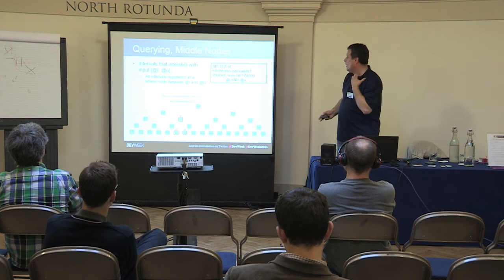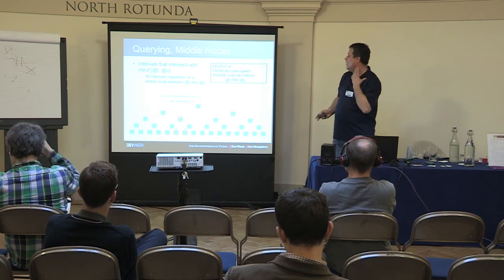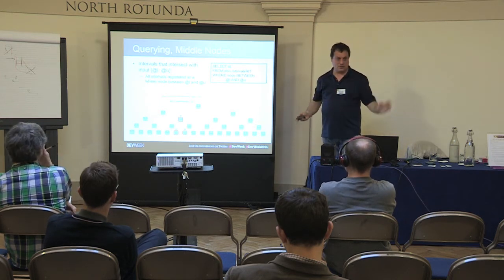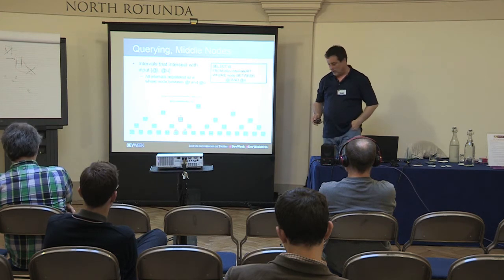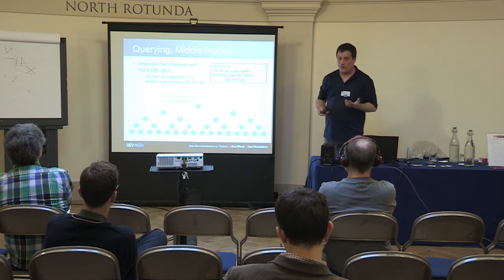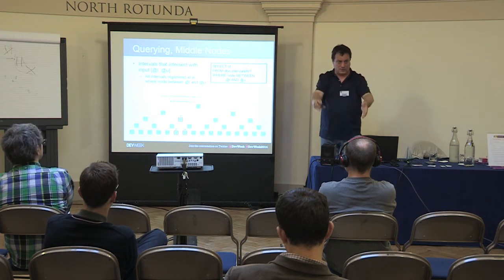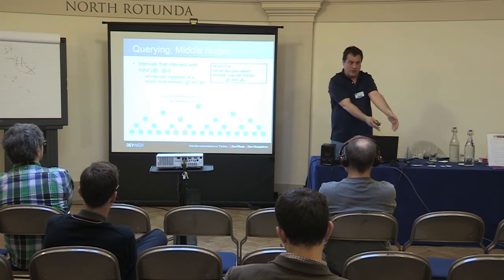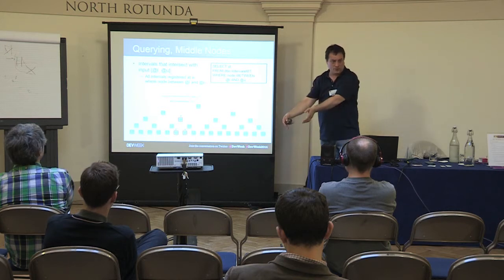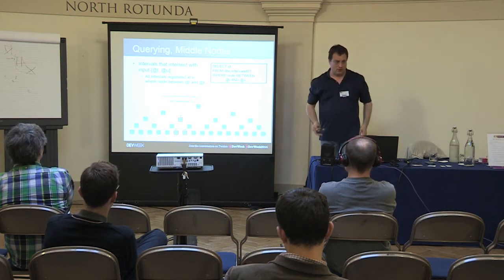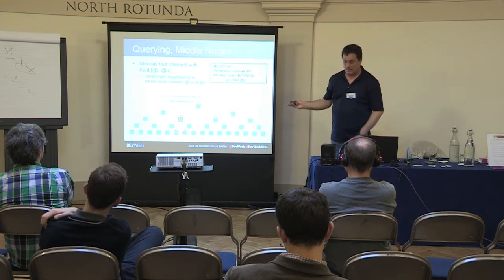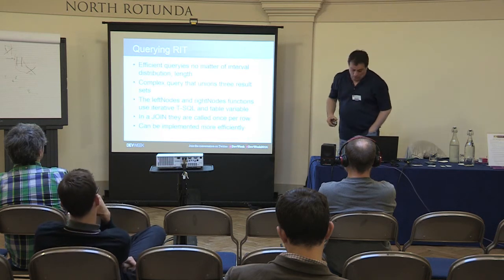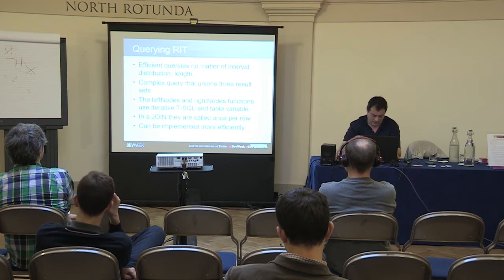When I find these nodes, they definitely just overlap with my interval. So actually my correct result is finding all of these middle nodes, and then left nodes, those which partially overlap, and right nodes which partially overlap, and union all of the data.